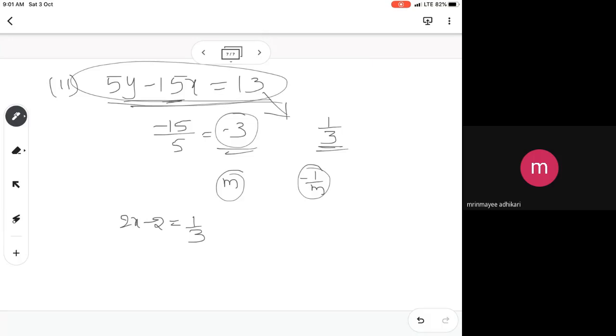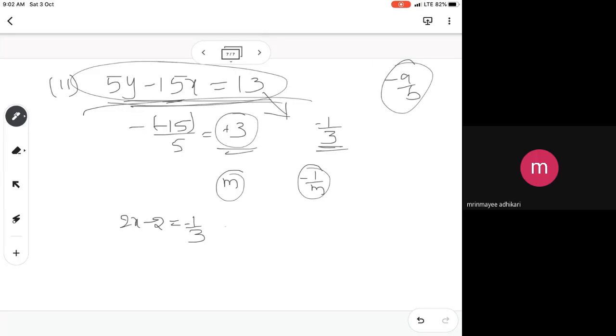Here we made a mistake. Minus a by b, so here plus 3, we will get minus 1 by 3. The slope of the line is minus a by b. In the place of a you have minus 15. So minus a by b, which is the slope of this line, is plus 3. Then the slope of the line perpendicular to that line is minus 1 by 3.